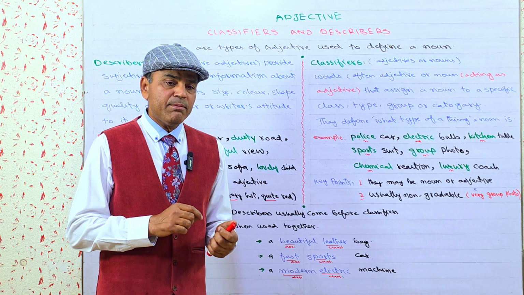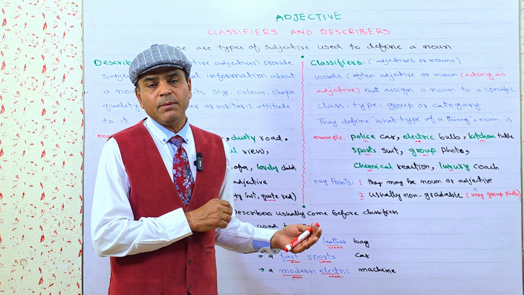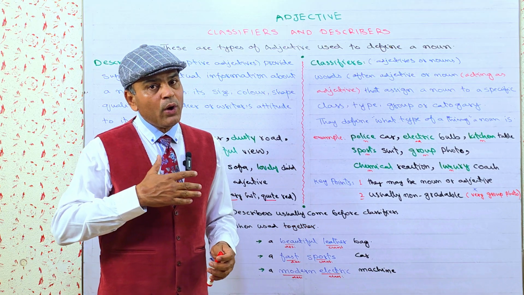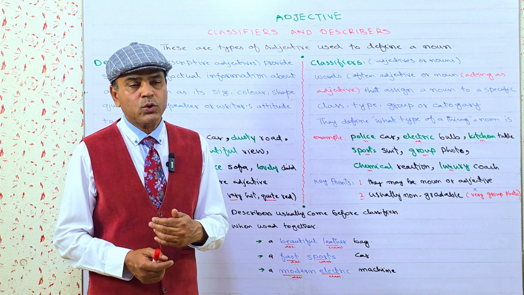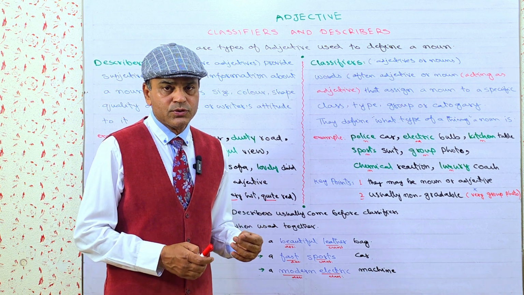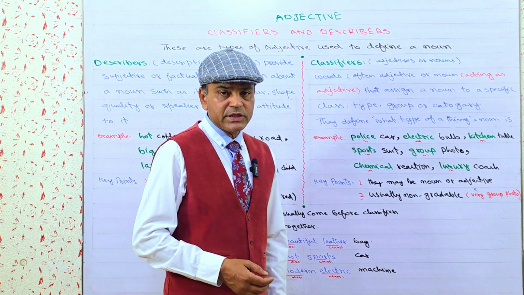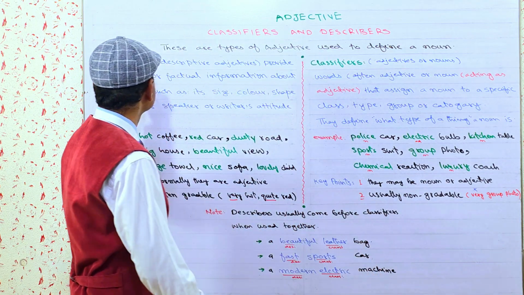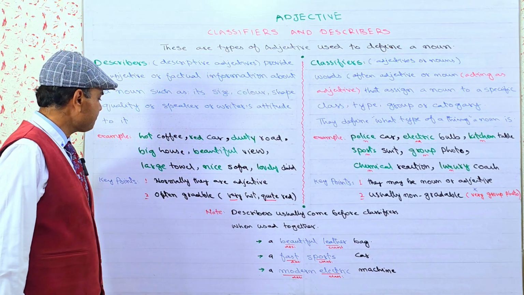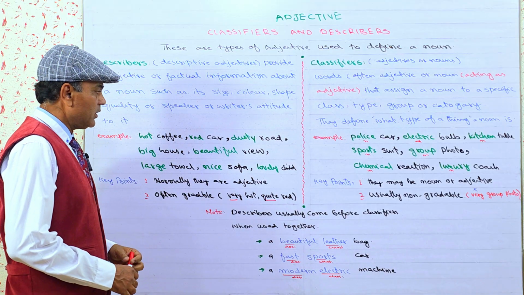It means if I am writing or speaking about something, it is how I think about that thing, its quality or some other attribute. So what's my opinion? If an adjective tells my opinion about the noun, we call it a describer. So it can be subjective or factual.